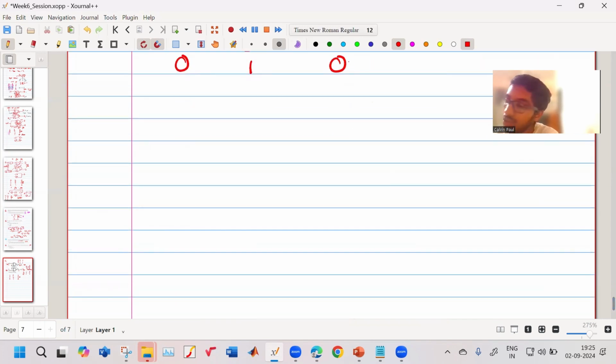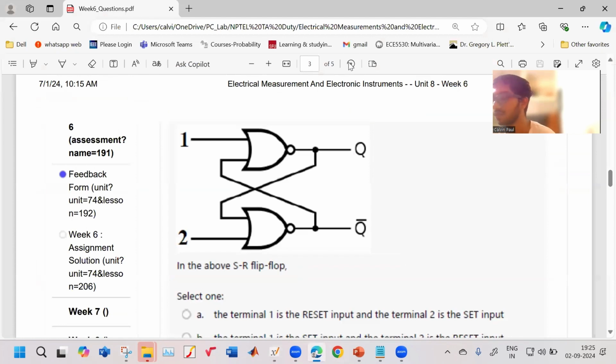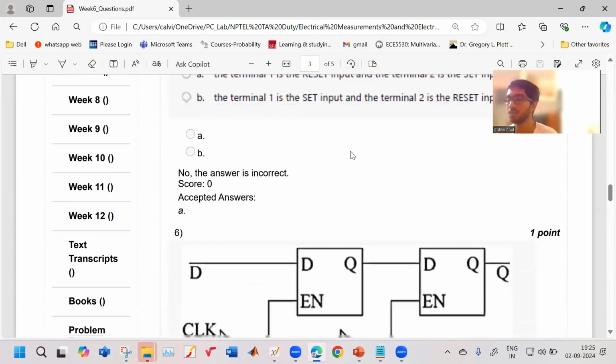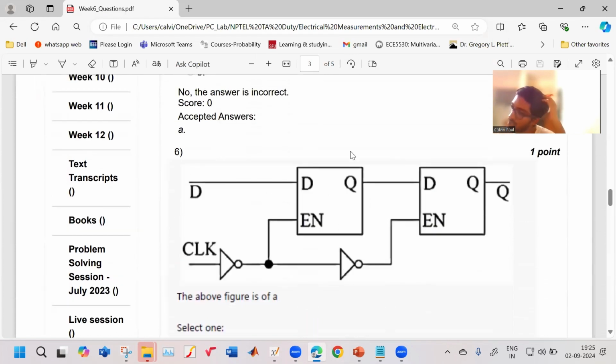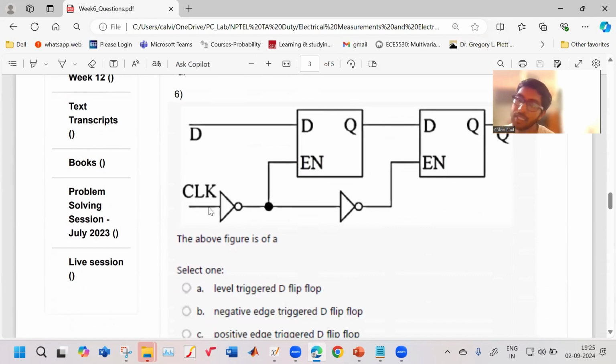So now we will go to the next question. This is a D flip-flop. We want to know whether it is level triggered, negative edge triggered, or positive edge triggered.